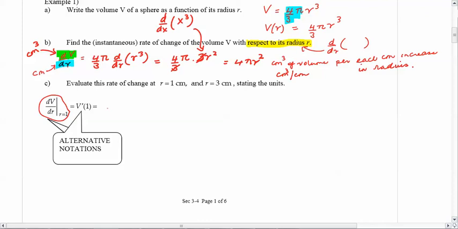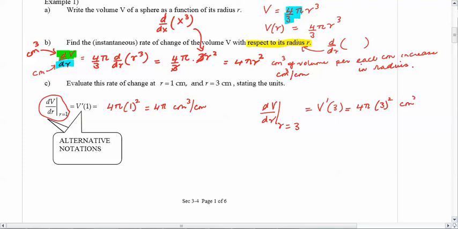So that's going to be 4 pi times 1 squared, which is simply 4 pi cubic centimeters per centimeter increase in radius. And then dV/dr evaluated at r equals 3, that's going to be the same as V prime of 3, and that's going to be 4 pi times 3 squared cubic centimeters per centimeter increase in radius. Okay, let's zip through the next page.